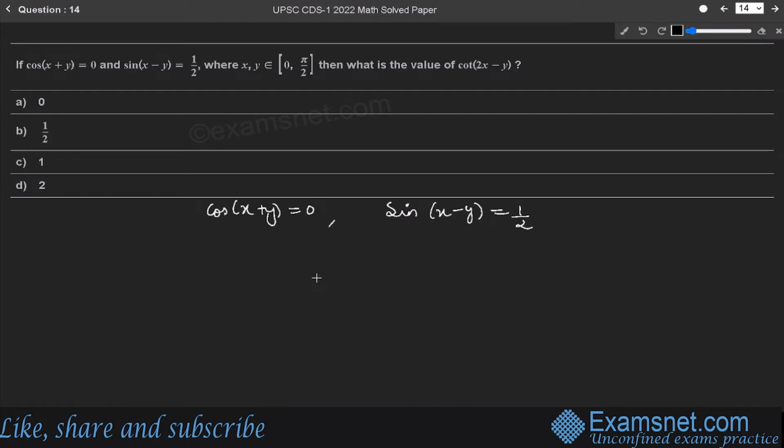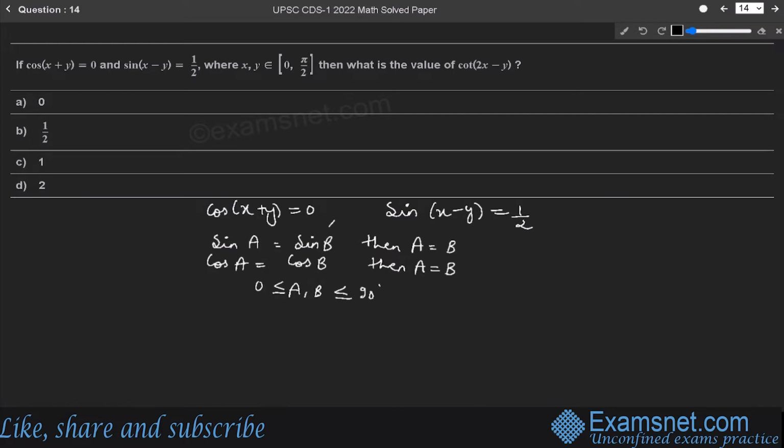So the concept used will be, we know that if sin A is equals to sin B, then A is also equals to B, and we also know that if cos A is equals to cos B, then also A is equals to B. So these are the concepts which we have to use in this question, and here we can say that A and B lies between 0 and 90 degree.